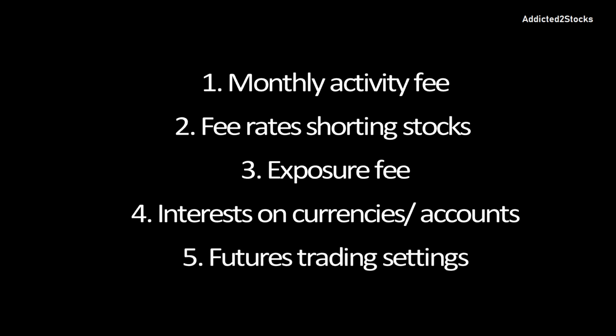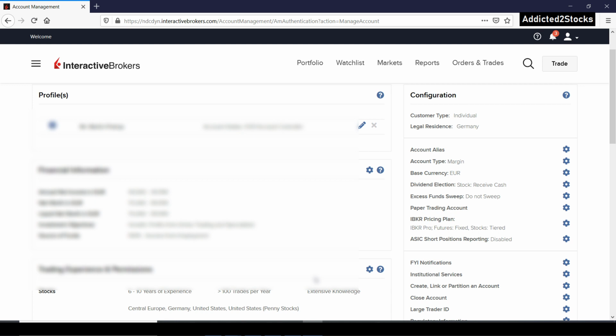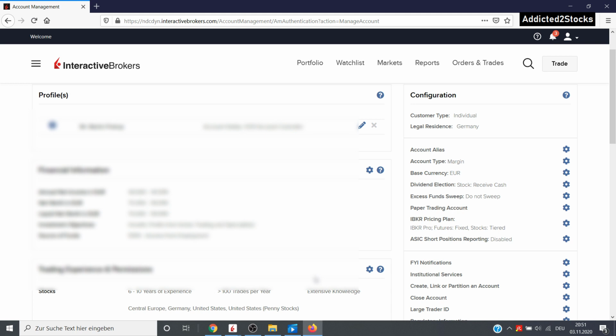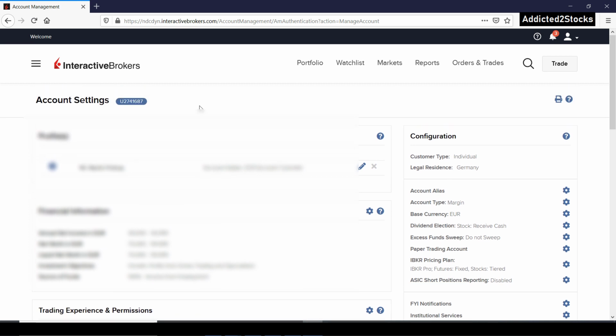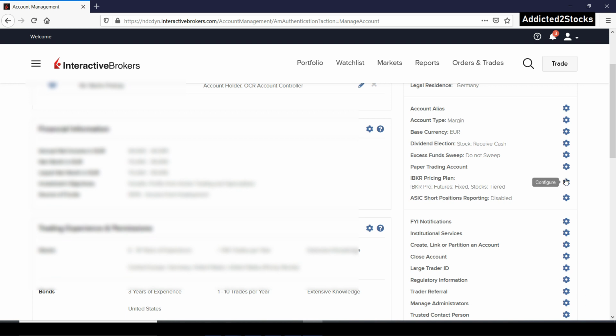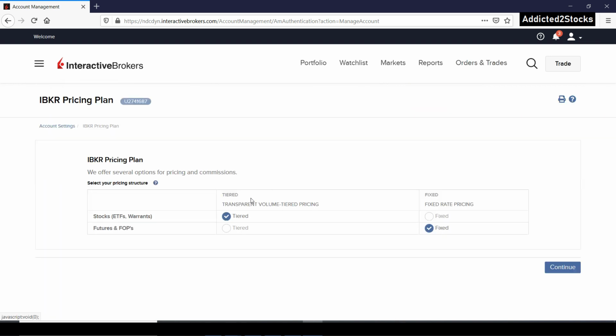So the last fee which I want to highlight in this video only applies to futures traders, and it is based on the pricing plan, which you can find under Account Settings in the Account Management Home. If you take a look, you can always choose between tiered or fixed. If you want to trade stocks and also options, always choose the tiered rate, since you can get a lot of rebates, which I've explained in one of my first videos.